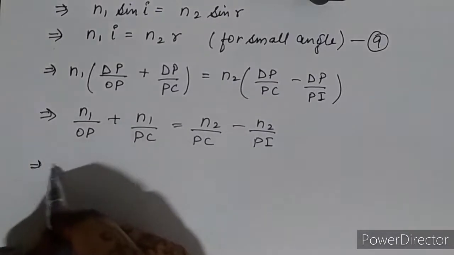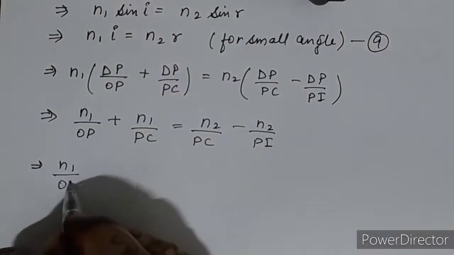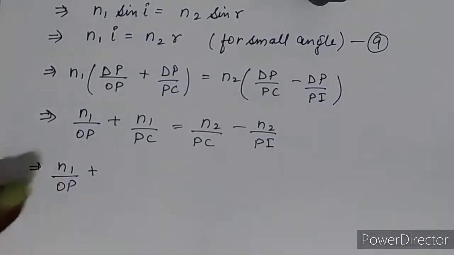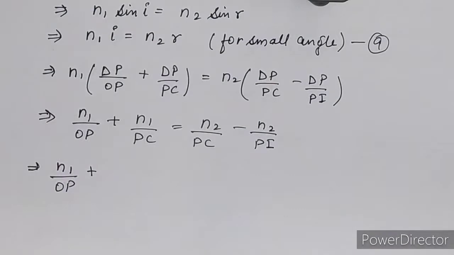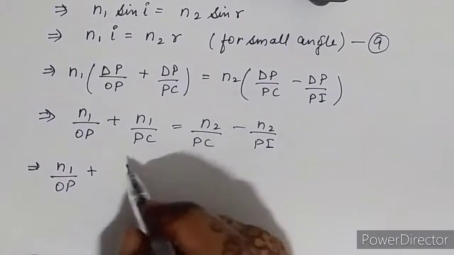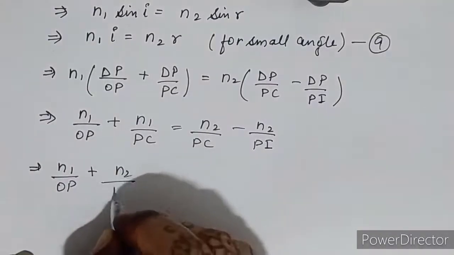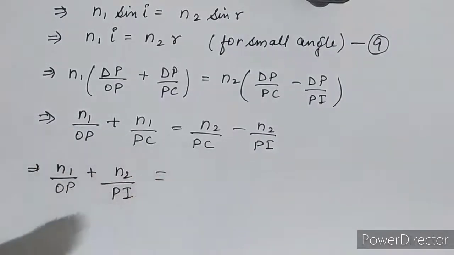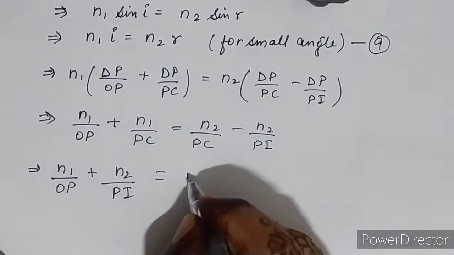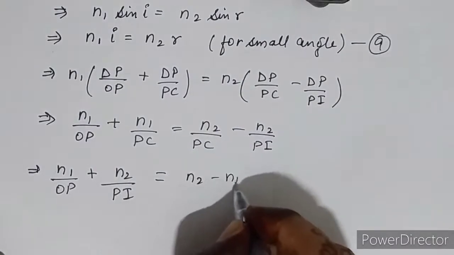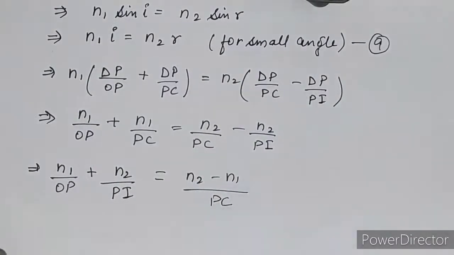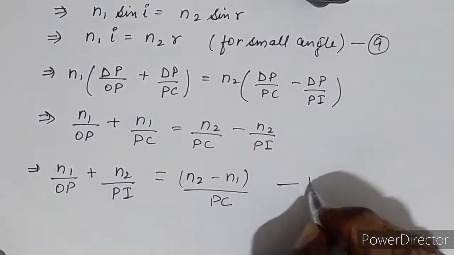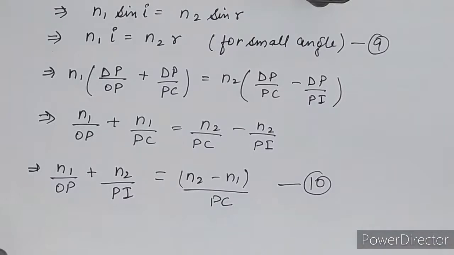So it will be N1 upon OP plus N2 upon PI, and further this will be N2 minus N1 upon PC, because PC will be common on both sides. This is the equation number 10.